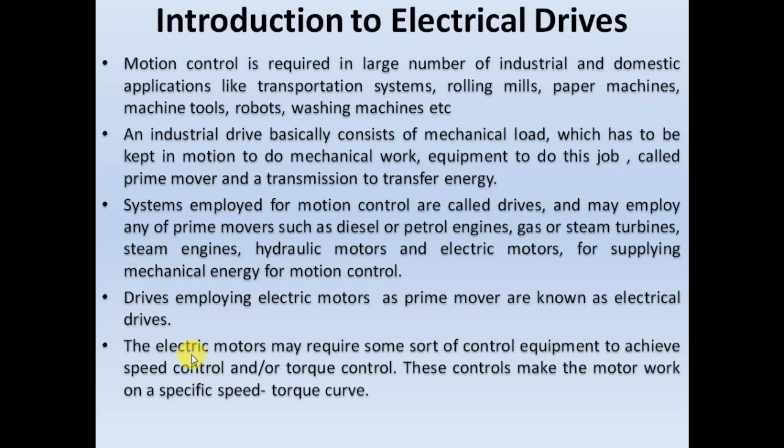In those techniques, we use either a field diverter or a tapped series field controller to achieve the desired speed control. So it's very clear that some sort of tool is used to achieve the desired speed control. Desired speed control means we obtain the operating point in a specific characteristic to achieve the desired task of operation.